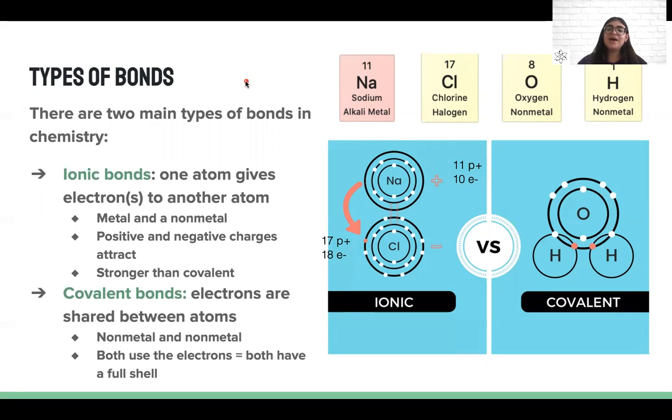So we talked about how opposites attract. So the positive sodium and the negative chloride are actually going to attract each other just based off of their charges, and that's what makes the bond. So an ionic bond, you can think of it kind of like magnets, because we have a positive, we have a negative.